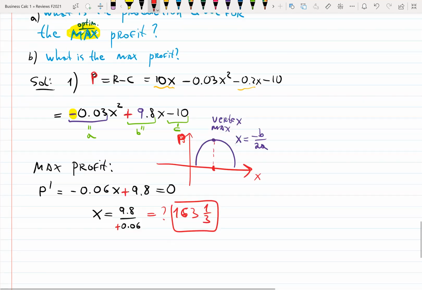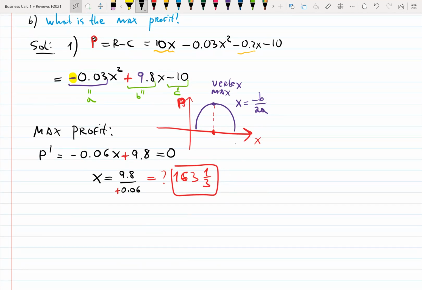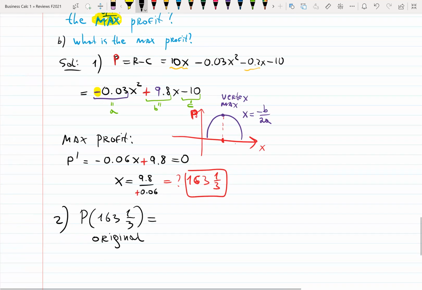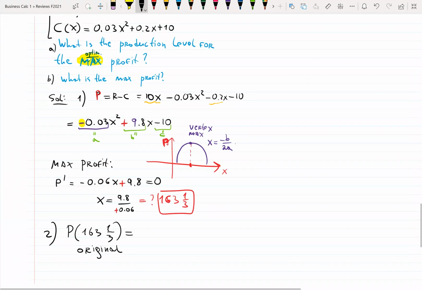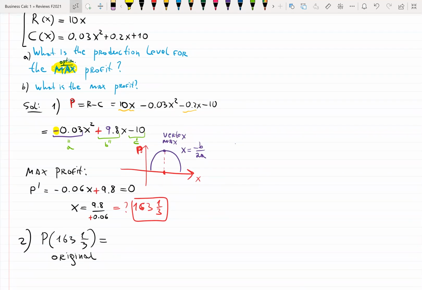And then it's like, what is the maximum profit? So step 2, plug it back into your profit. P of 163 and 1/3 equals the original. Students usually like these types of problems, because it's only 2 steps and you know what to do. Here you plug into your P, which you created over here. Put it in the box as well, not to lose it.